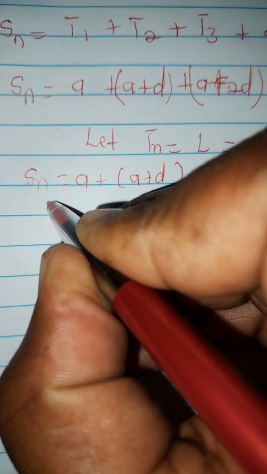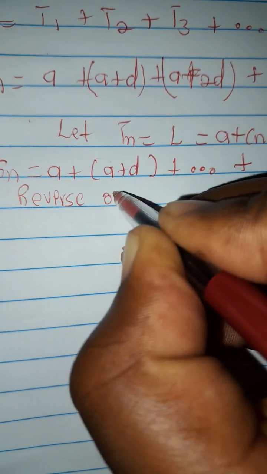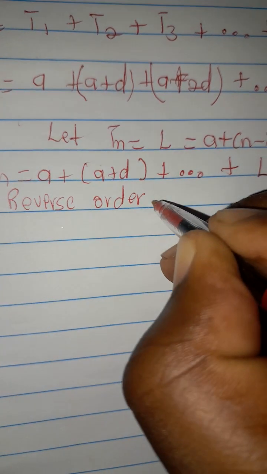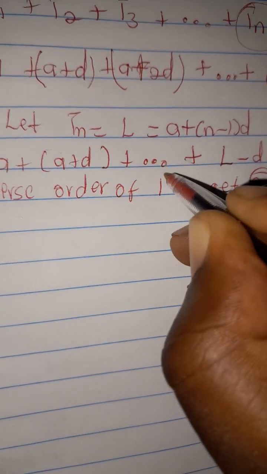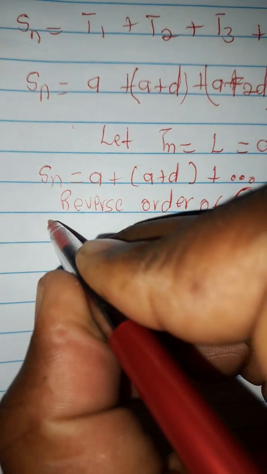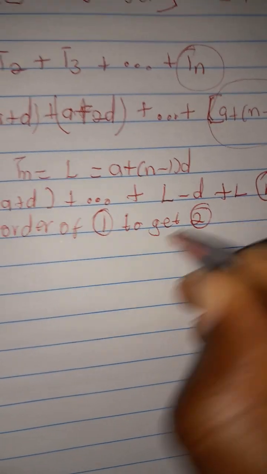Are we fine with that? From here, it's going to be a reverse order of equation 1 to get equation 2. Meaning that what is at last will be the first.